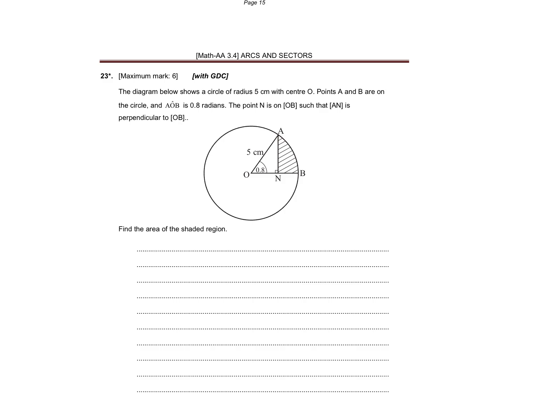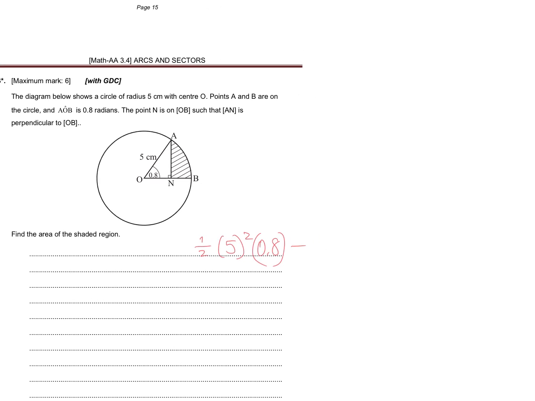Okay, so we need to do 1/2 r squared theta. That's the area of the sector. And we have to subtract the area of this white triangle.